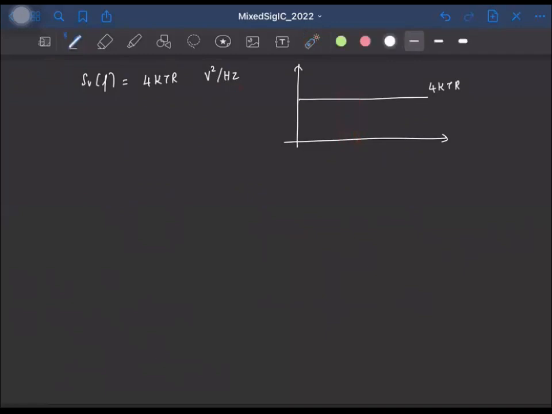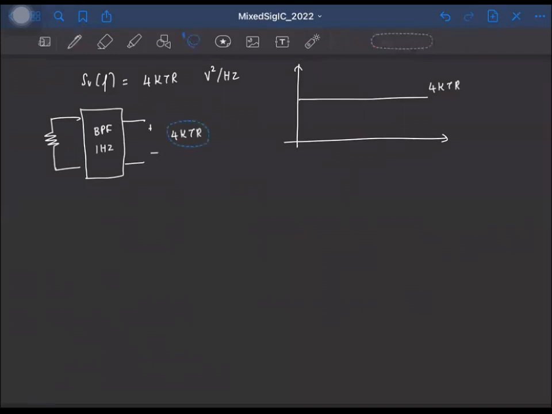The other way to think is that if you take this resistor and connect it to a bandpass filter with a bandwidth of 1 hertz, irrespective of the center frequency, the power of the output signal is going to be 4 kTr. So if we call it V0, the mean square value will be 4 kTr, because the power spectral density is flat and equal to 4 kTr.